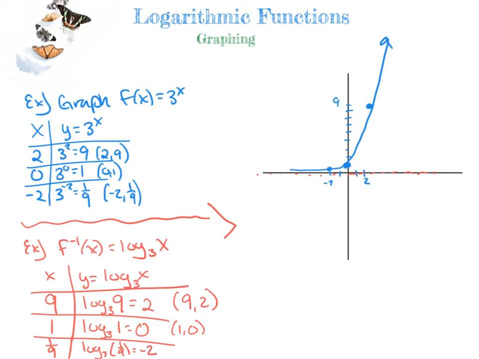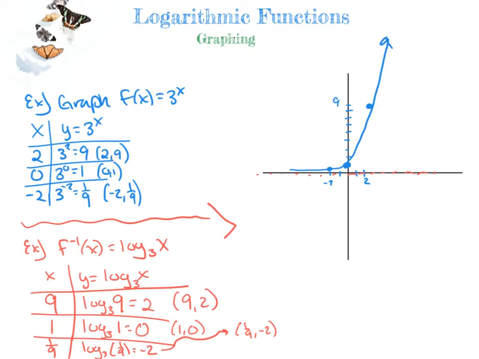So I have the ordered pair (1/9, -2). Remember, that isn't very surprising because the main way of going from a regular function to its inverse was that you switch the x's and y's.